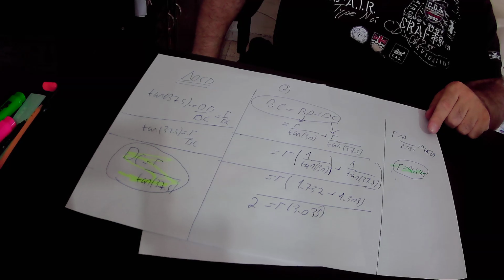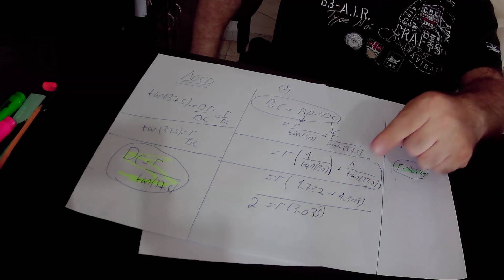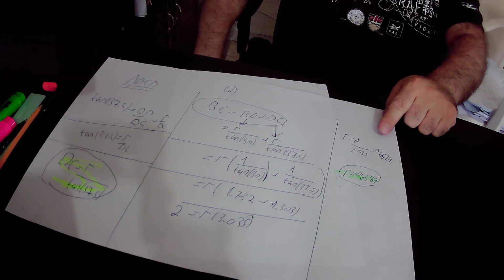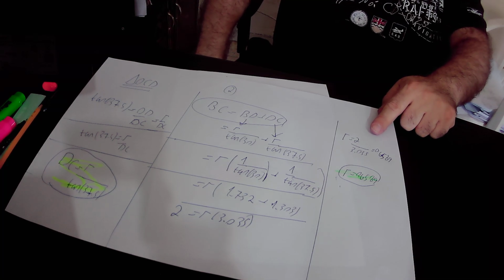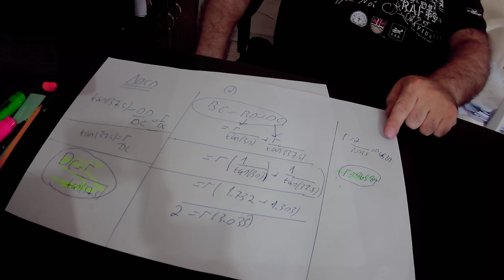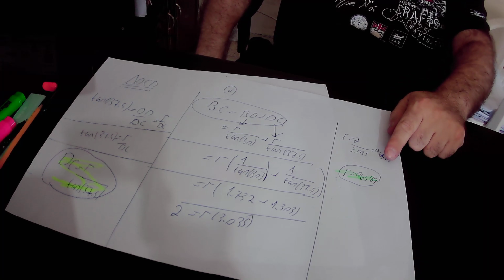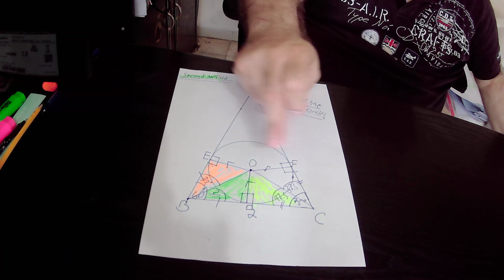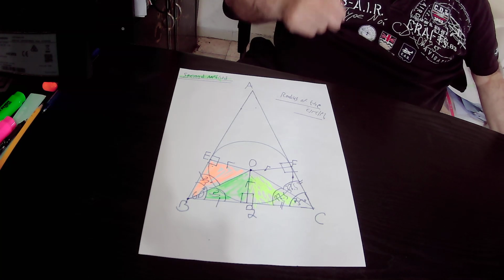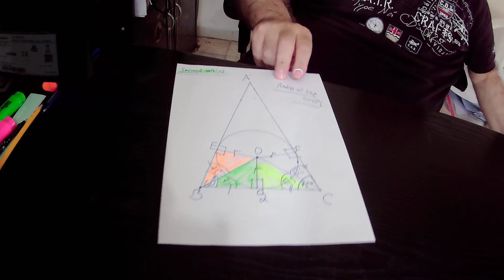We divided this equation by 3.035, and we got that the radius of the circle described by triangle ABC equals 2 over 3.035, which is 0.6589. So in both methods we found that the radius of this circle equals 0.6589 units. We finished with the first question, then I presented the second question, and we solved it in two different methods.